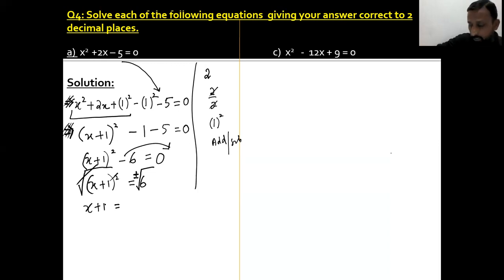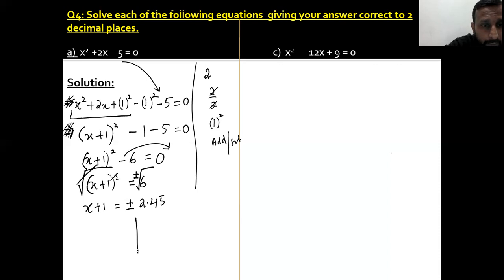So square root of 6 is found to be 2.449. I can write 2.45, plus minus 2.45, right?